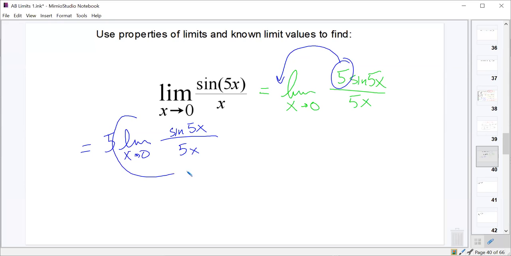That this piece of it here, without the 5, is 1, without going through a long and complicated process? We've done a couple of limits using this same method, except they looked very different.